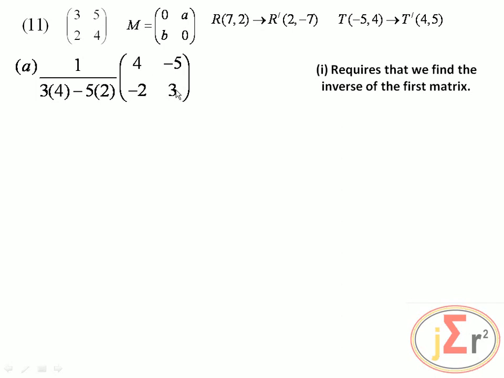And that is why we have this as our adjoint. That is equal to a half of 4 is 2, a half of negative 5 is negative 5 over 2, a half of negative 2 is negative 1, and a half of 3 is 3 over 2. That's all there is to it.